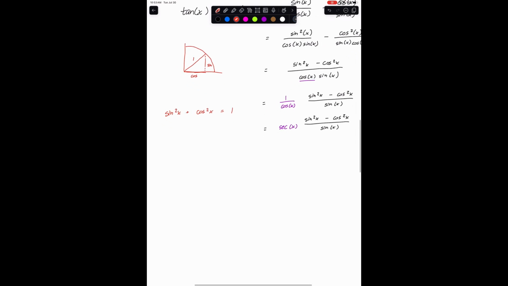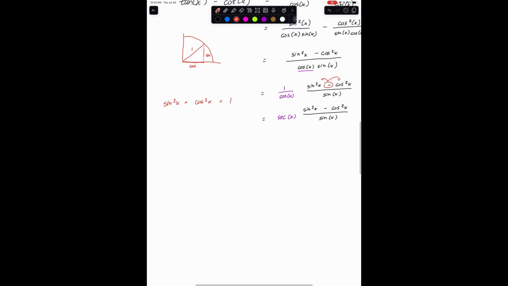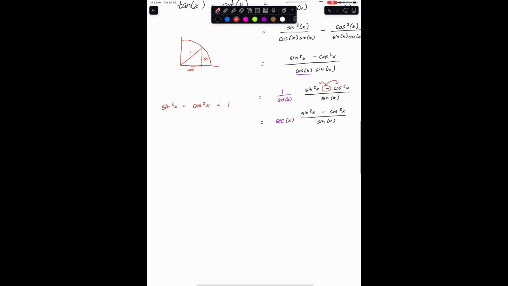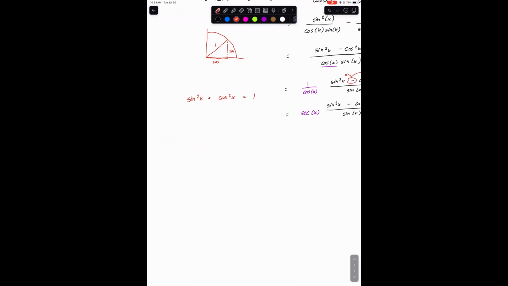Okay. So I have a minus sign here, and this means I need to switch one of the other two to be either 1 minus sine squared x or 1 minus cosine squared x. Now, if you look, all I have remaining are sines. So I'm going to take a gamble and say, I want to substitute cosine squared x, let me put these in parentheses, with 1 minus sine squared x.